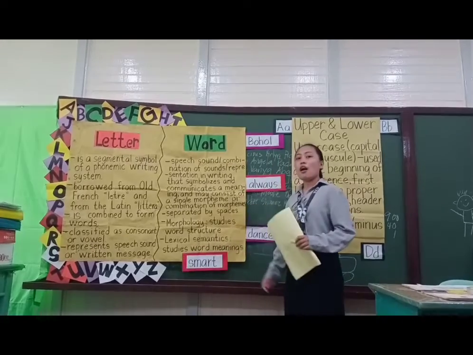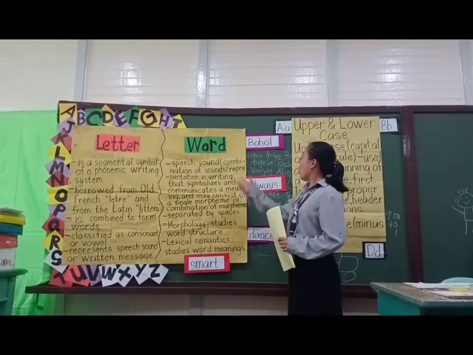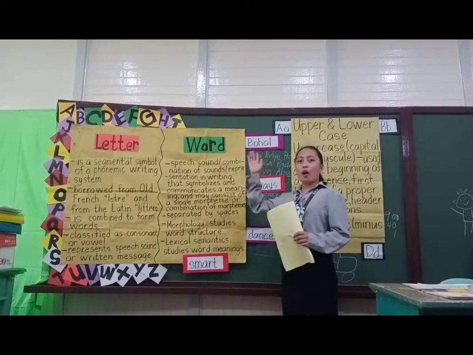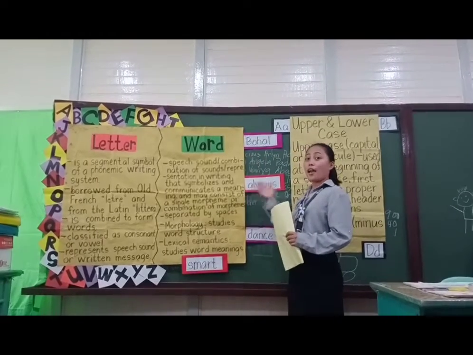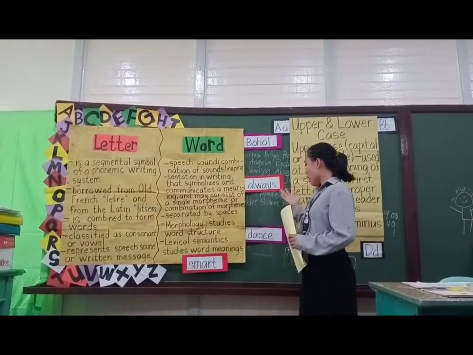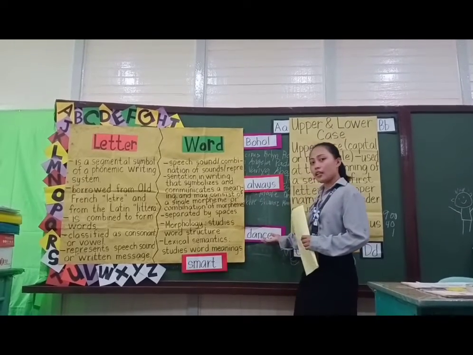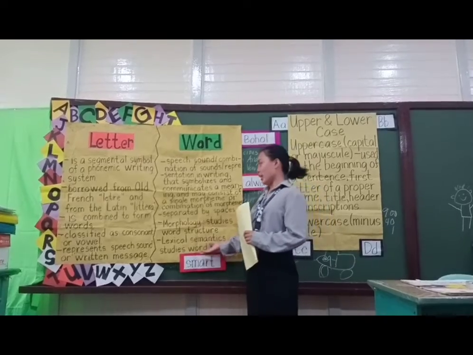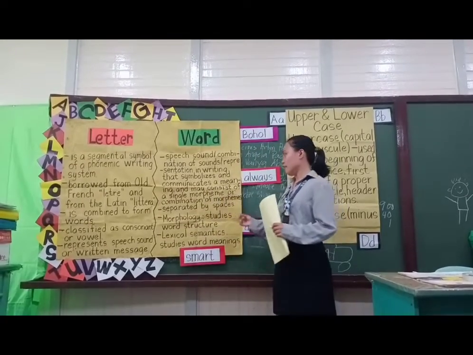I have here some examples of words like hall, a name of a place, a proper name; always, an adverb; dance, an action word; and smart, an adjective that may describe a person.